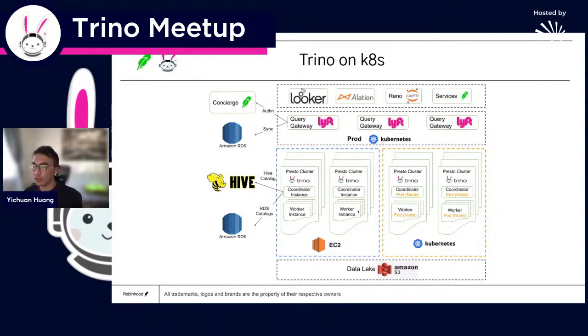We just need to migrate this blue part, the EC2 part, to Kubernetes, with each Kubernetes node running a singleton pod for the worker, because Trino occupies a lot of resources. We don't want to mix Trino workers with other types of services.